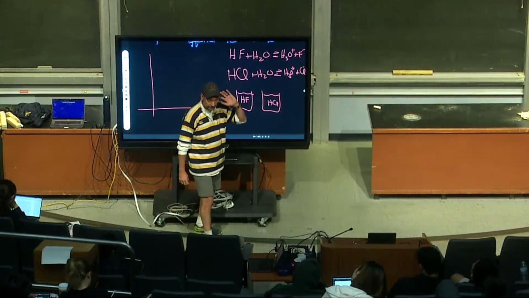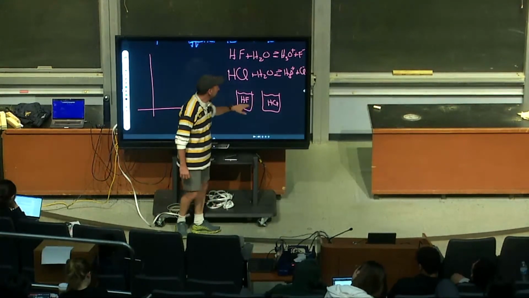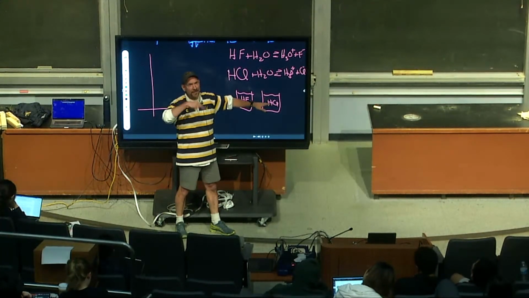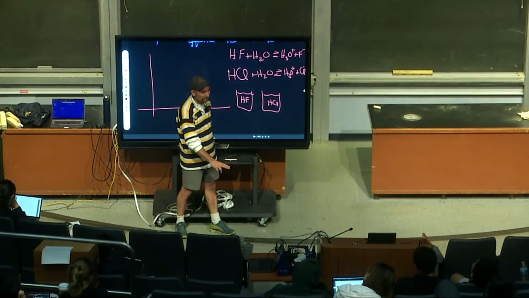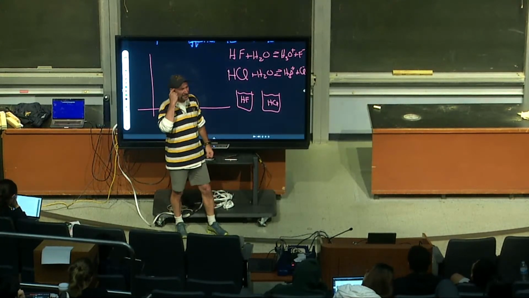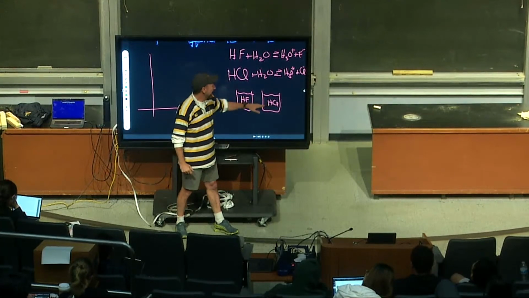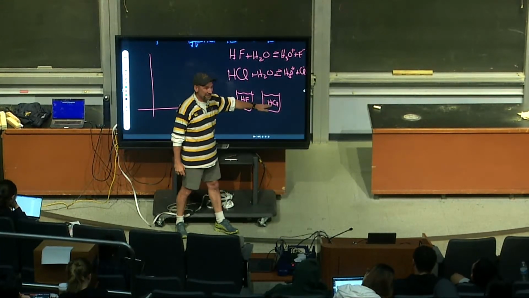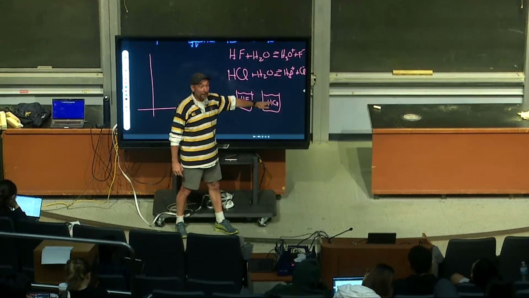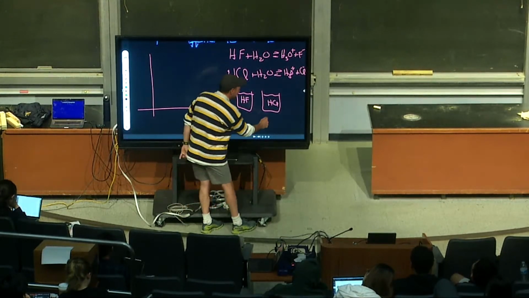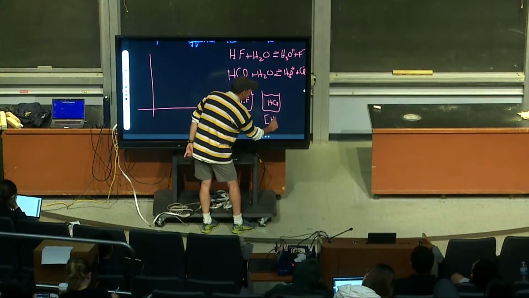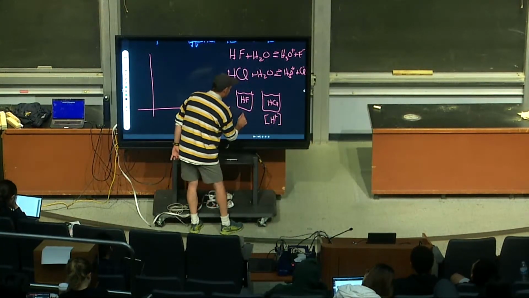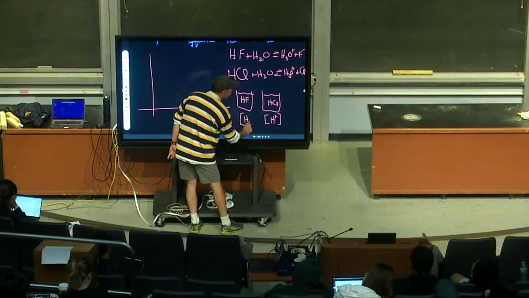The higher pH. I know you always get that. High pH means basic. You got to reverse that in your mind all the time. Which one is more acidic? HCl, lower pH.